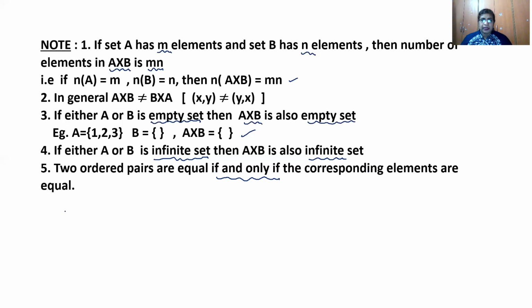Now, for example, here I have one ordered pair. Let me take X, Y. And another ordered pair, let me take 1 and 2. If I write the equal to sign, that means the 2 ordered pairs are equal. So if 2 ordered pairs are equal, what is the condition telling you about when they will become equal?